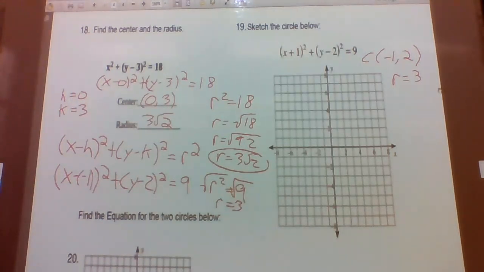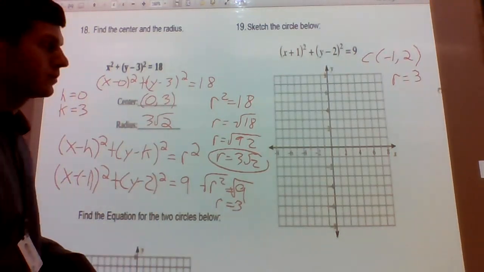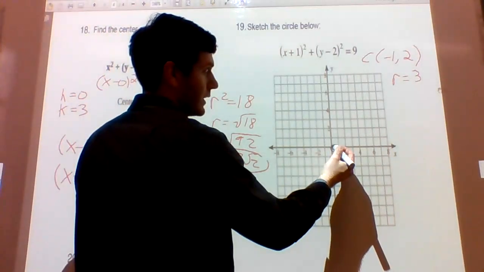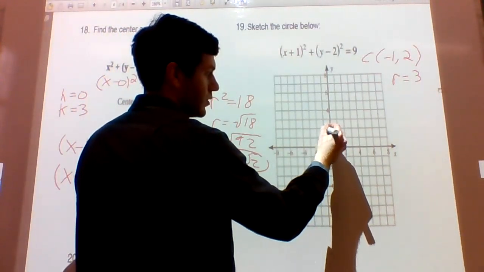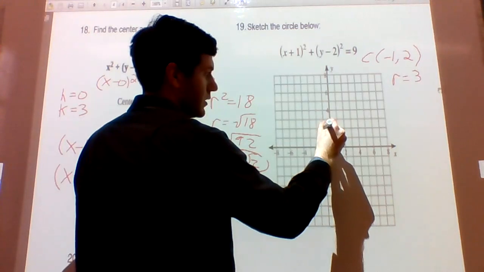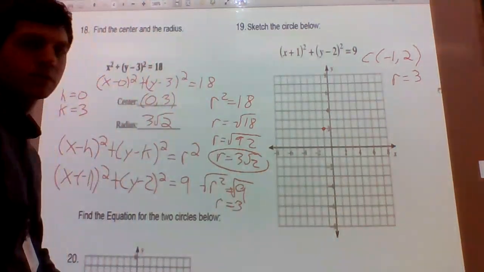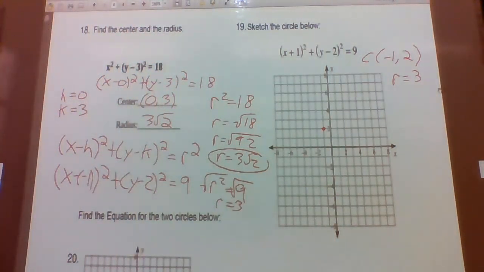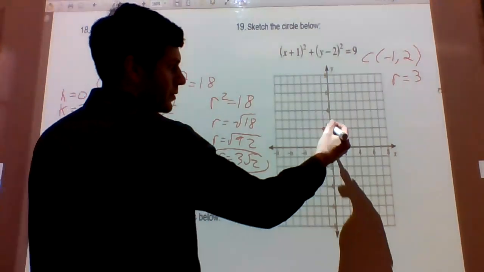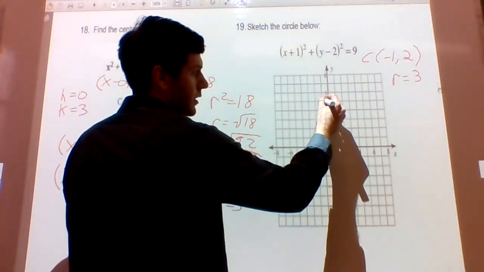So we go to our graph. We have center negative 1, positive 2. So our center is right here. We're going to put the dot right there. That's the center of our circle. We know the radius is 3. So if we go up 3 units, 1, 2, 3, there's a point on our circle.